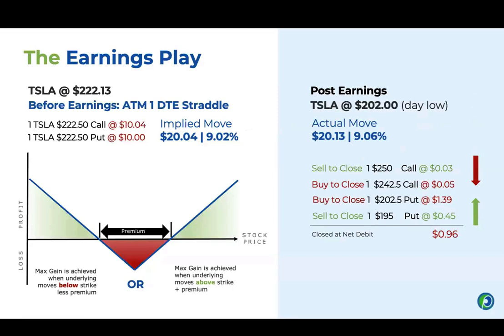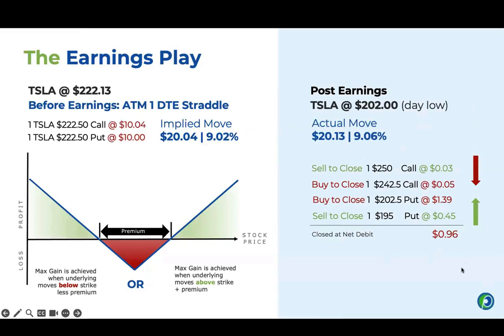The next day, the day low, I believe they missed on this one, was 202. So it moved 906, $20.13, which means you were able to close. This was the exact price the next day at 96 cents. So here we go.